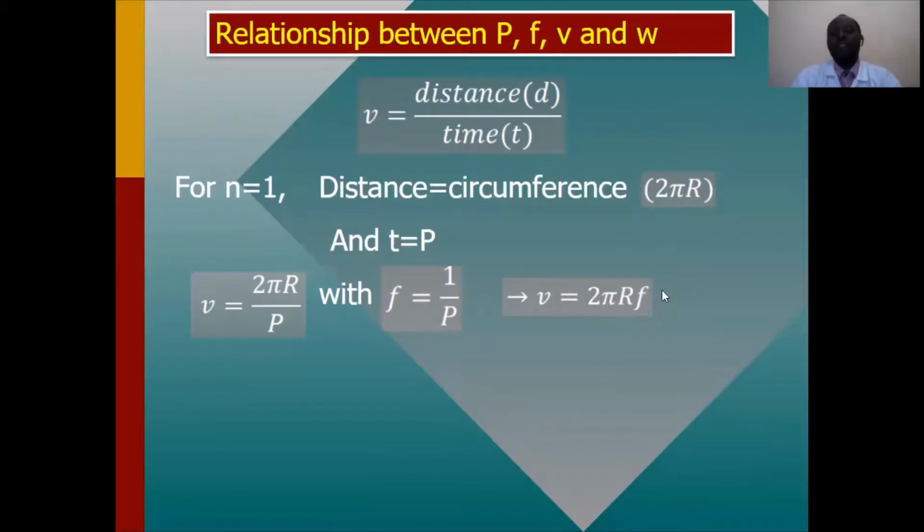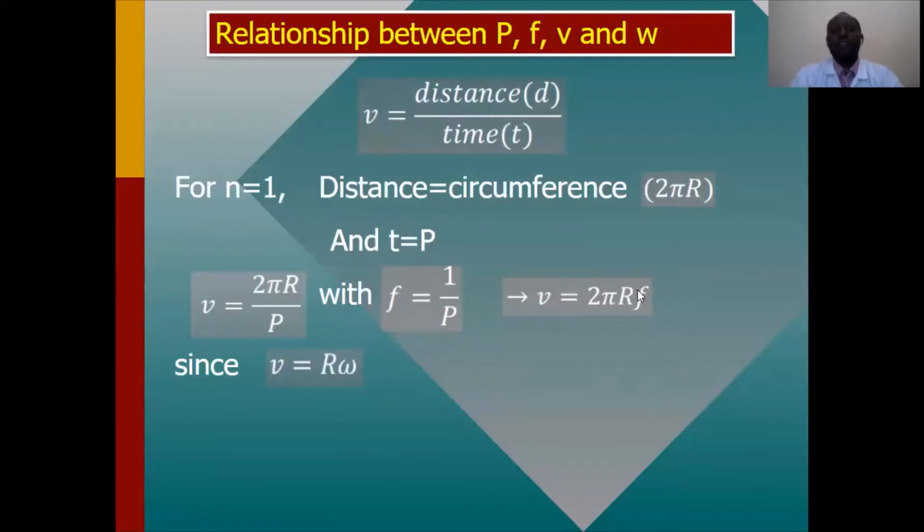Remember, the frequency is the number of turns per unit time. So as the object moves fast, the number of turns per unit of time will increase, and as the object moves slow, the number of turns per unit time will decrease.